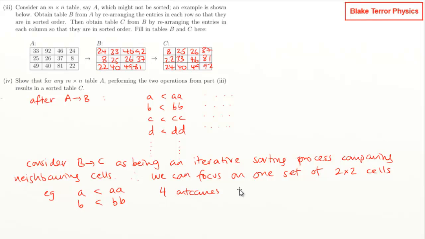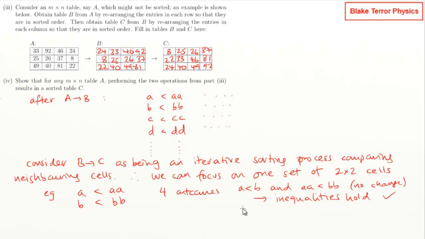We've got that A is less than B and AA is less than BB, i.e. no change. So in this case, inequalities hold.